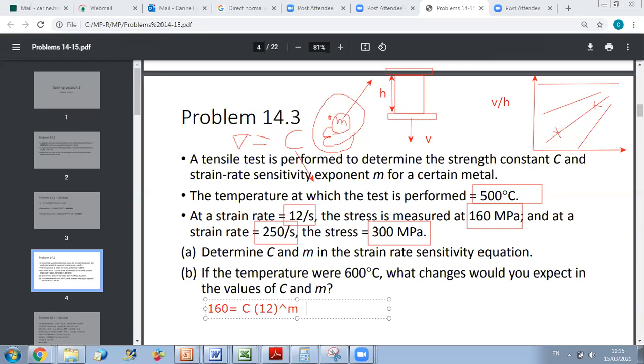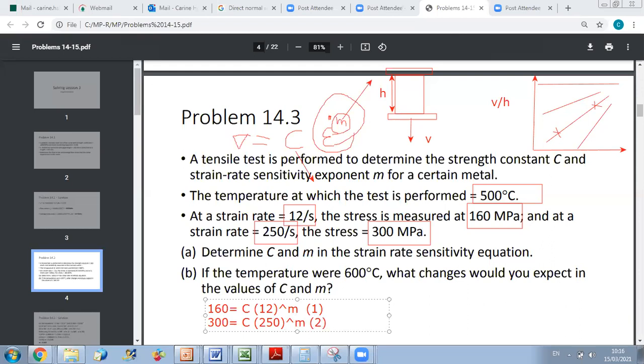This is equation number 1. Now using the second point, I will get my second equation. So 300 is equal to the constant C times 250 to the power m. This is equation number 2.